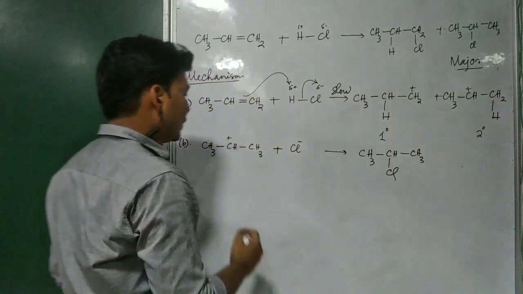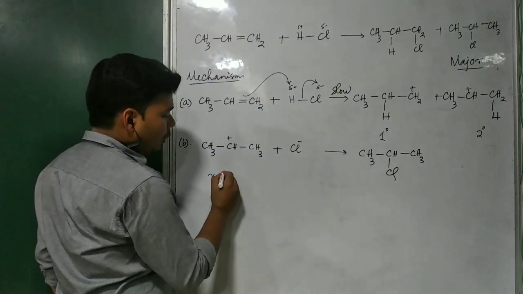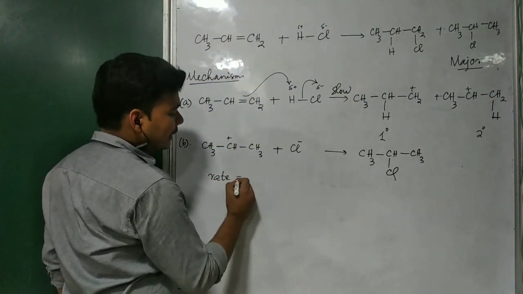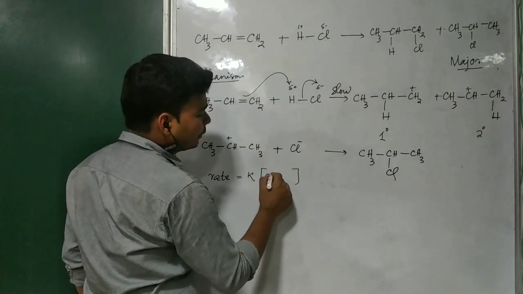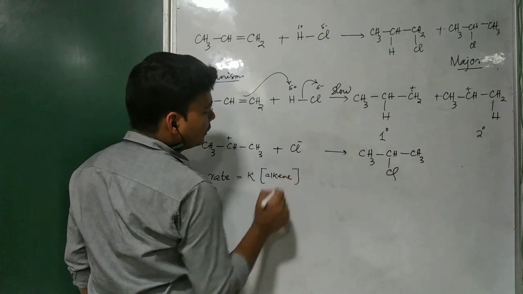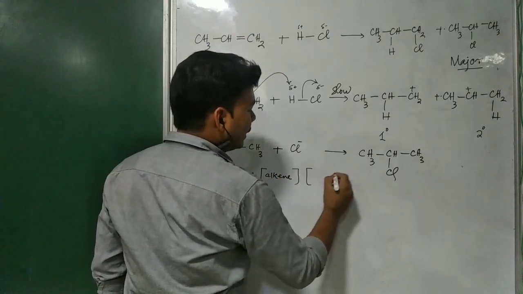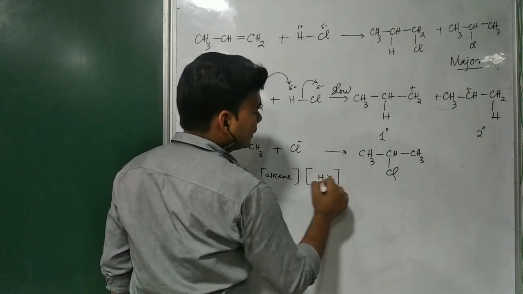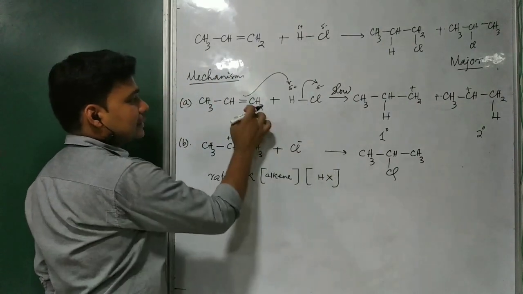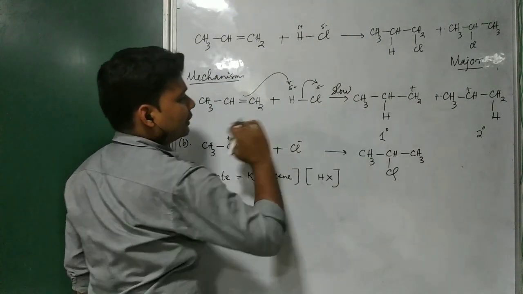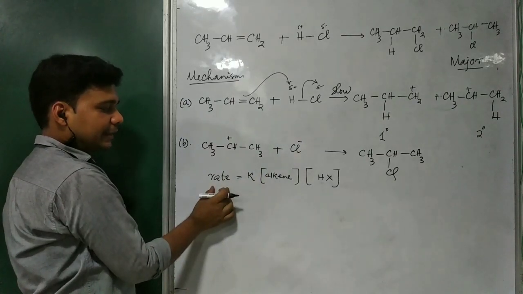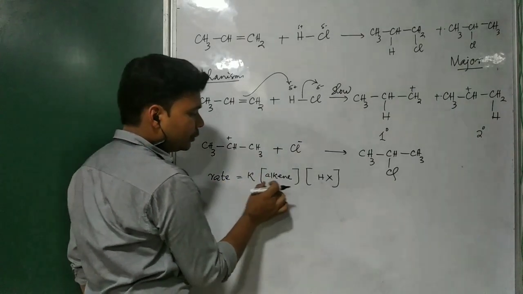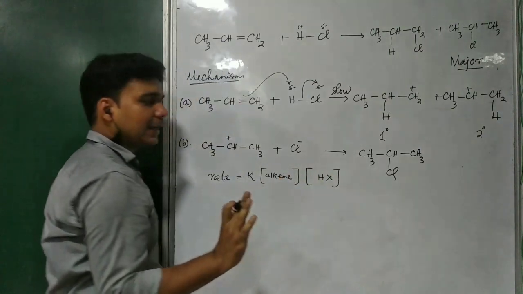Here the rate law can be written as rate equals k into concentration of alkene into concentration of HX. This is your slowest step. This step will determine the rate.